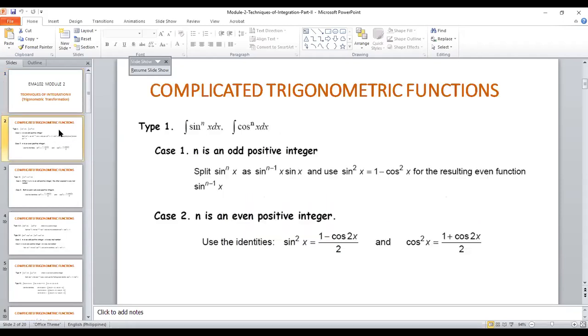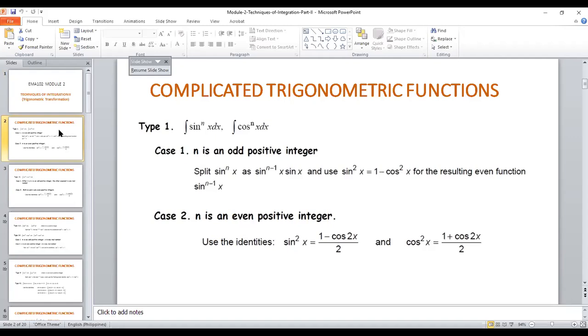So in here, when we speak of trigonometric transformation that needs to be done to a complex trigonometric expression, there's a need for you to review your trigonometric identities because they're very important in this case. Second, after reviewing your trigonometric identities, there's a need for you to know the cases or the different transformations that should occur first to your given complex trigonometric expression before you can even perform the integral process.